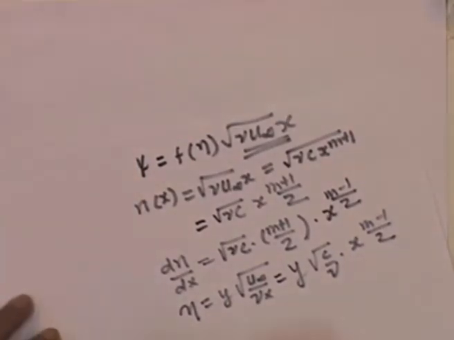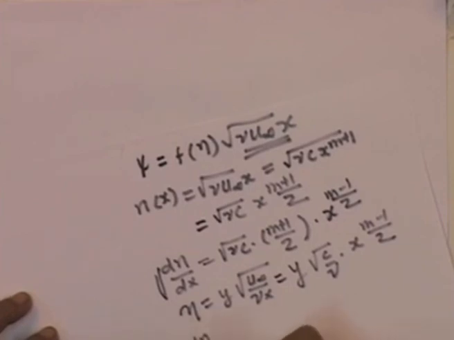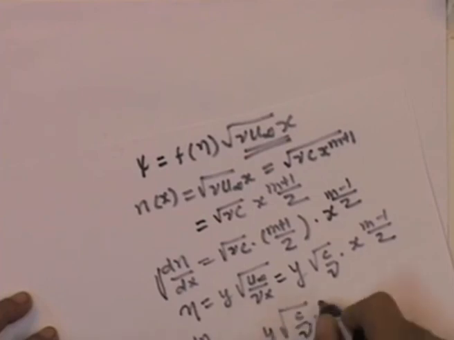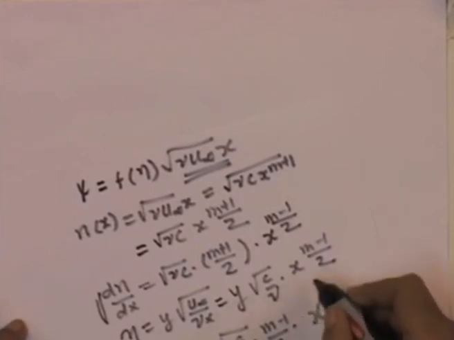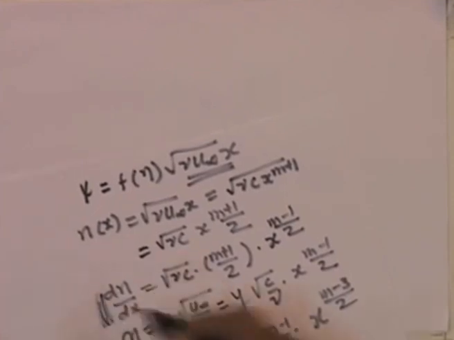This is very, very important: d eta by dx will be simply y times under root c by nu, m minus 1 by 2, into x raised to m minus 3 by 2. This is another equation of great value.